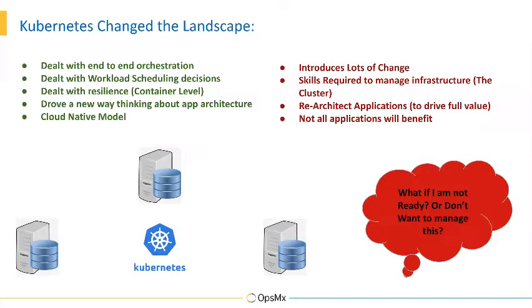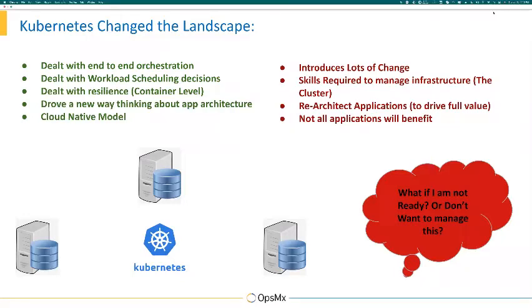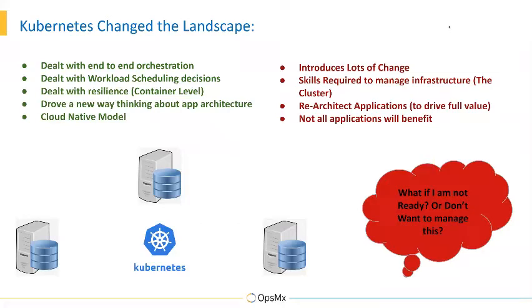So in order to really efficiently take advantage of this, what's my strategy? How am I going to go about doing this? What are the skills required, right? So again, with any new or transformational technology, you have to ask yourself, what skills are required to manage the infrastructure? And do I need to re-architect my application to drive full value out of this?